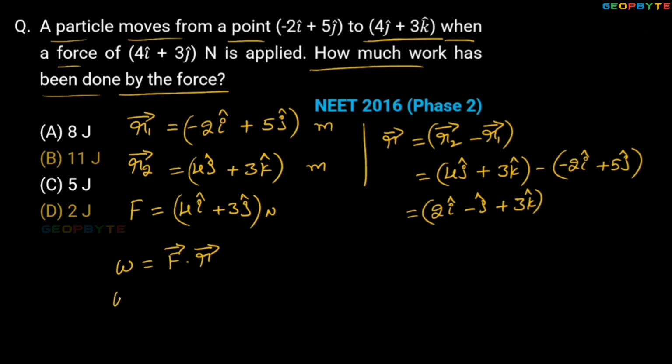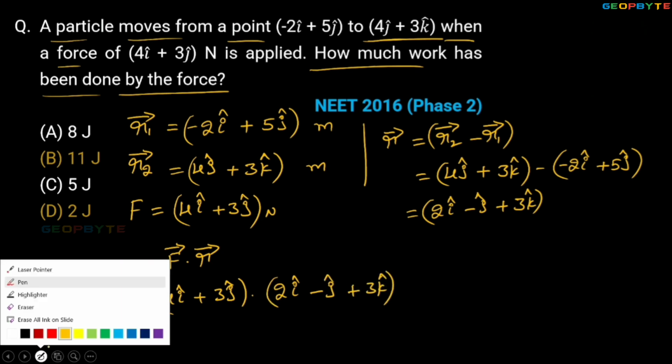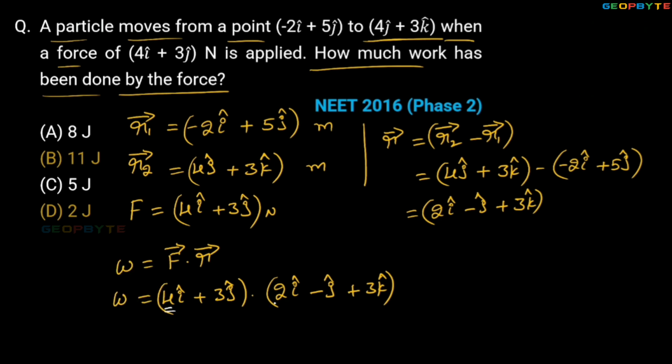Then work equals force, 4 i cap plus 3 j cap, dot displacement, 2 i cap minus j cap plus 3 k cap. Multiply i to i, j to j and k to k. I to i, here it is 8.